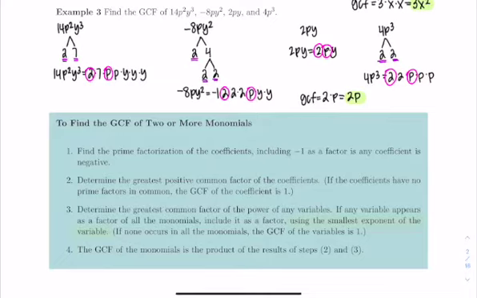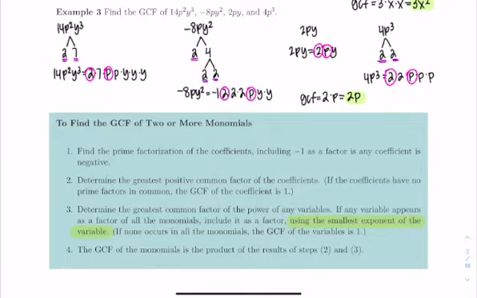You will determine the greatest common factor of the powers of any variables. If any variable appears as a factor of all the monomials, include it as a factor, using the smallest exponent of the variable. If none occurs in all the monomials, then the GCF of the variables is 1. Then the GCF of the entire monomial is just the product of steps 2 and 3.